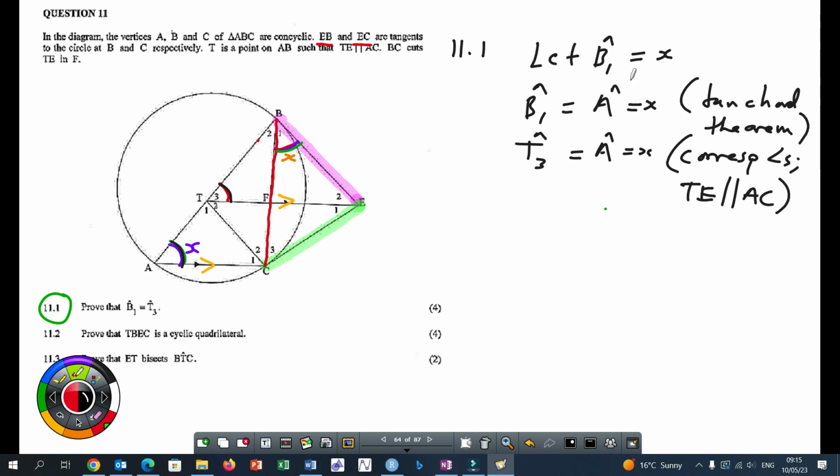I'm sure you can see that we have got a common angle in both statements. It therefore means that angle B1 is equal to angle T3. Are you following?